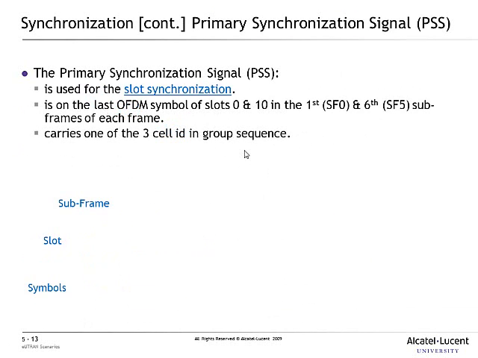Now, the next thing is, where exactly do we transmit the primary synchronization signal? So the primary synchronization channel, we said earlier, is used for slot synchronization.